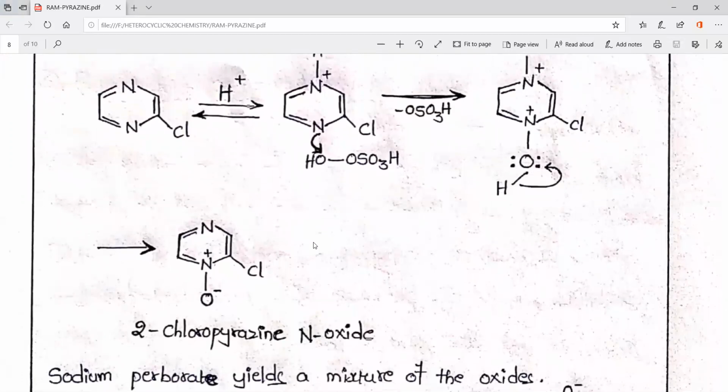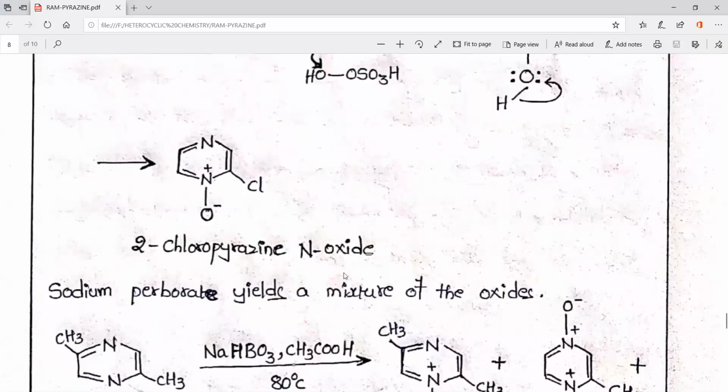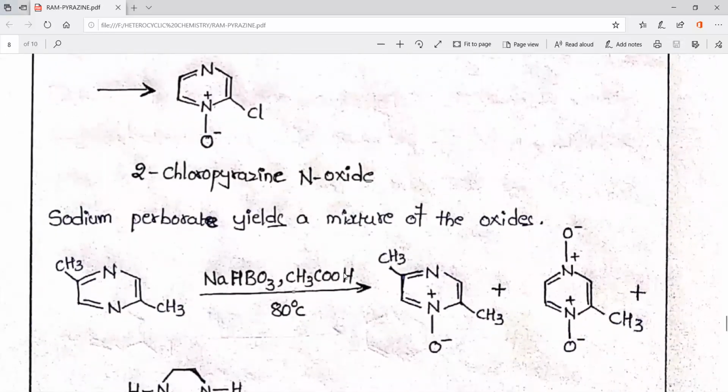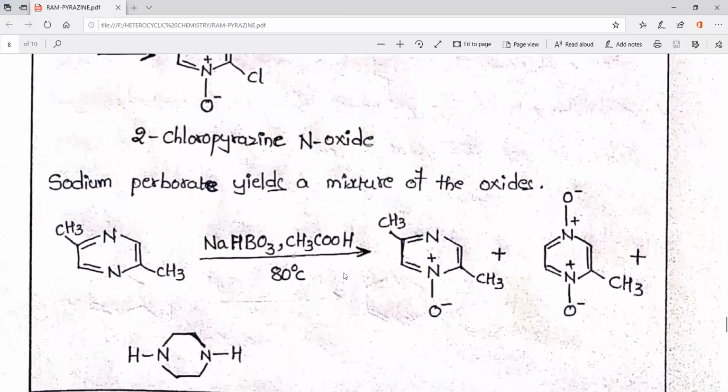In the first case, we have seen 2-chloropyrazine forming N-oxide at the fourth nitrogen atom. Whereas in this case, when we change the reagent, this 2-chloropyrazine 1-oxide is obtained. So with sodium perborate, a mixture of N-oxides is obtained.